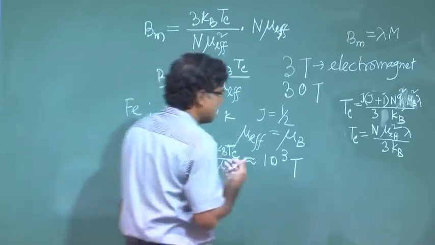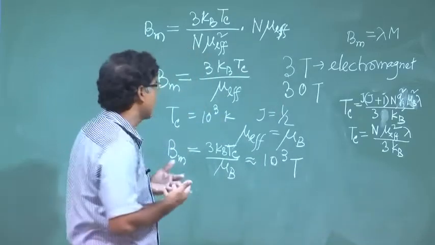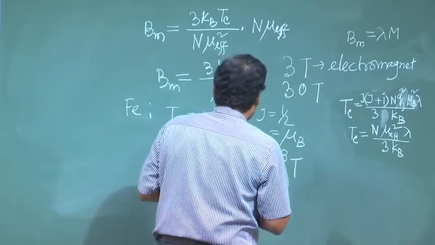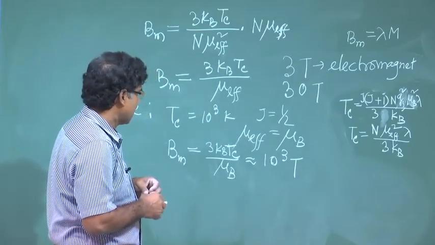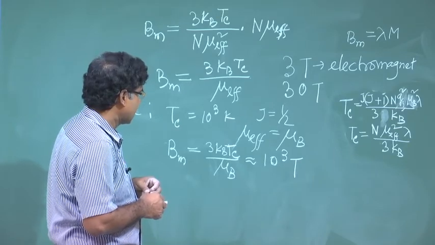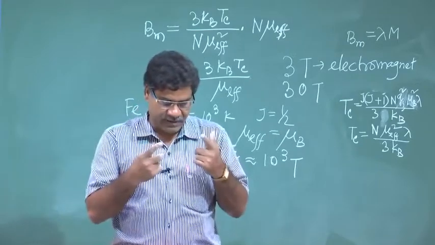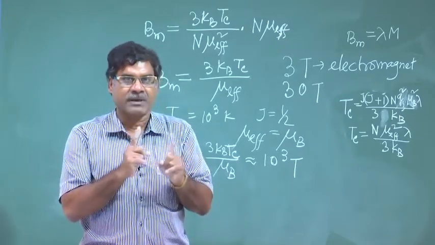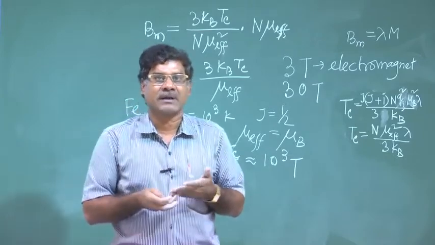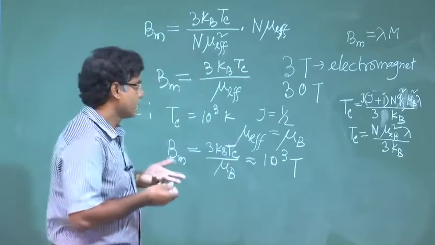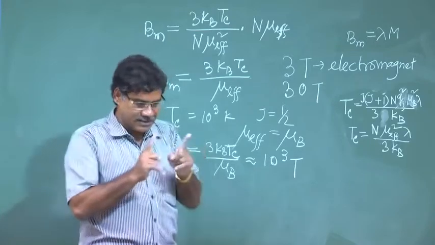So, now the question is: where is this internal field coming from? That is the question, and the answer is the way Weiss considered it, as if this molecular field originates from the magnetic dipole-dipole interaction. One can calculate it, and it depends on distance.